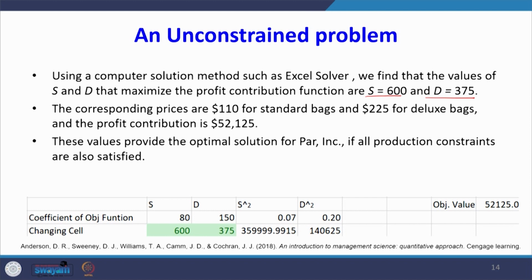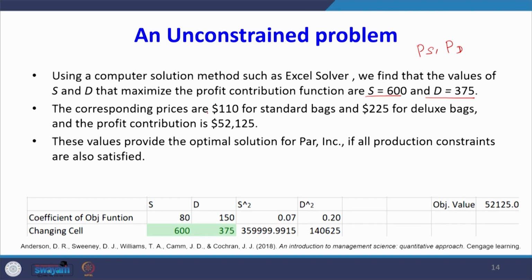So, the number of units that should be sold for the standard bag is 600 and for the deluxe bag is 375. When we substitute these values in our demand function, we get the values for PS and PD. What is PS? The price of the standard bag.